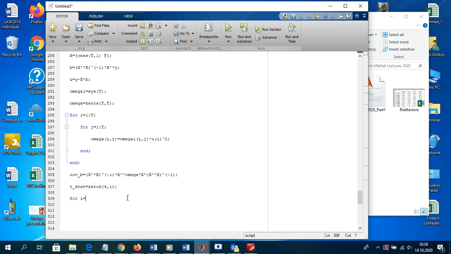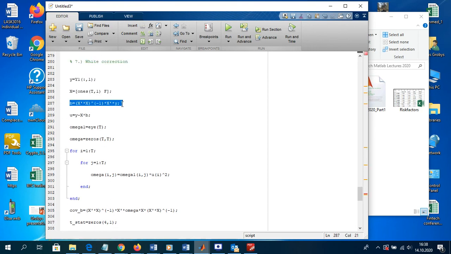So for i is 1 to 4, what do we store in t_stat element i? Well, take the point estimator b_i that we have estimated here, and we know that even if we have volatility clustering going on, this point estimator is unbiased, right?